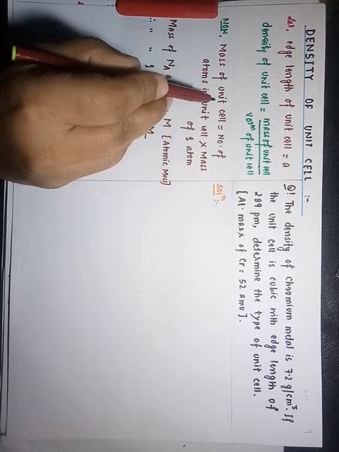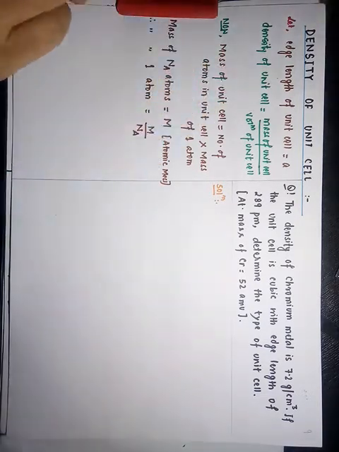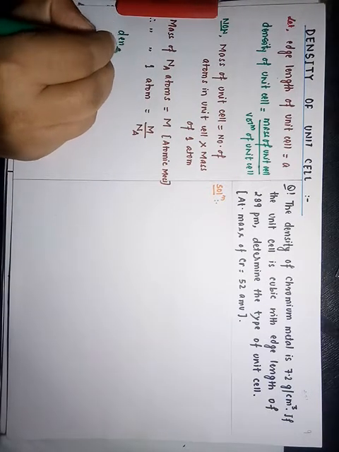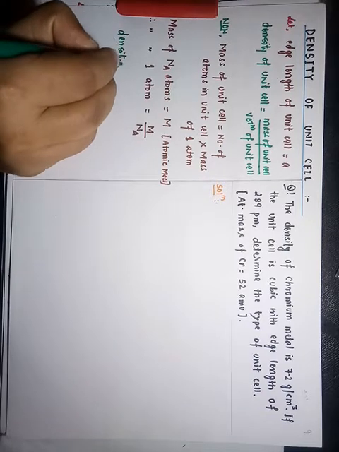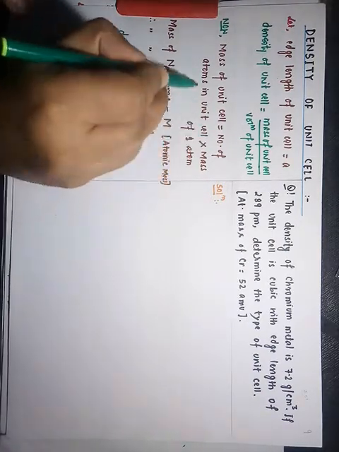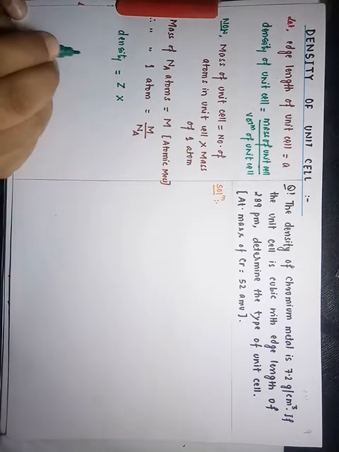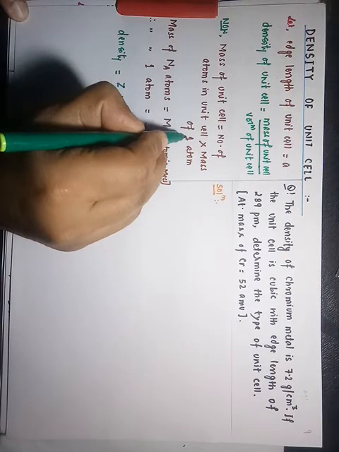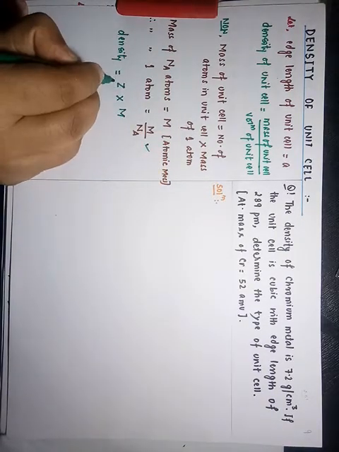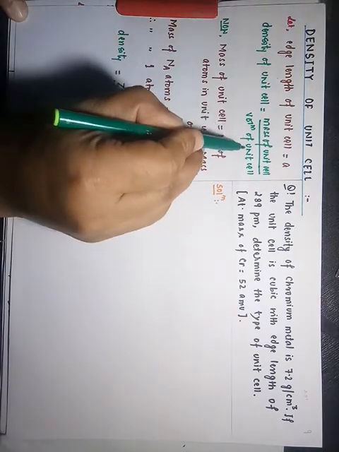So what is the mass of unit cell, student? Now let us put these things in the formula of density. Density of unit cell will be written as mass of unit cell, which is number of atoms in unit cell, let us represent it by capital Z, multiplied by mass of one atom, which is M by Na, divided by volume of unit cell.